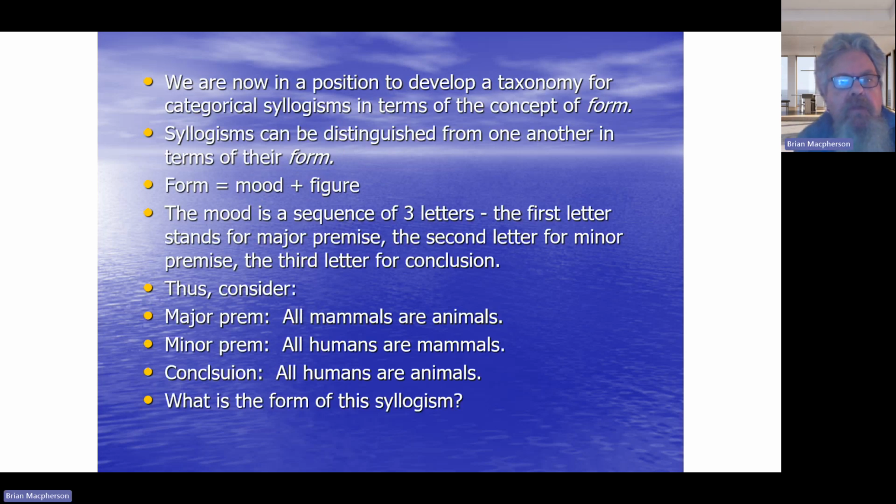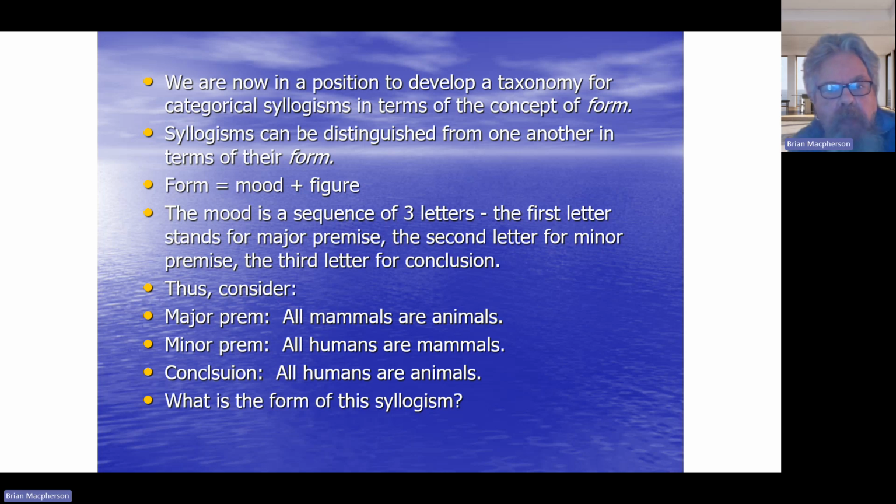Okay, so then what we did is we took the different categorical propositions, the mood and figures, and we were able to classify categorical syllogisms. So again, if you look at this one on this slide: all mammals are animals, all humans are mammals, all humans are animals.